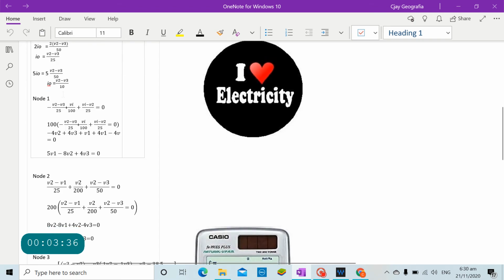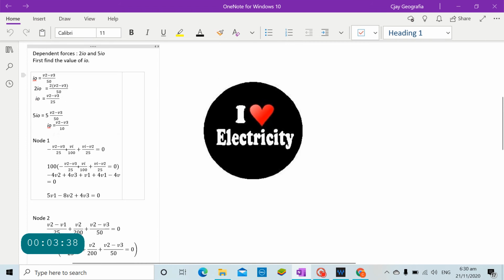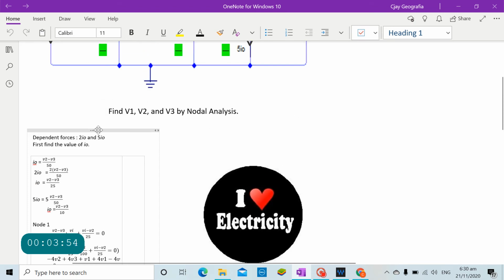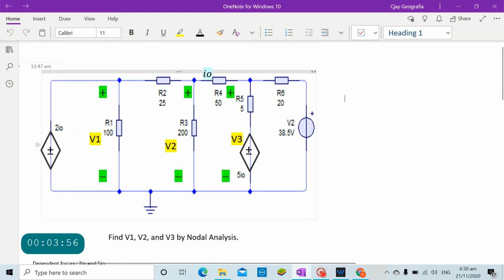So again, let's use the KCL method for finding the node voltages. First thing we have to do is go to node 1, or V1. As you can see here, this is the current controlled current source, 2IO.